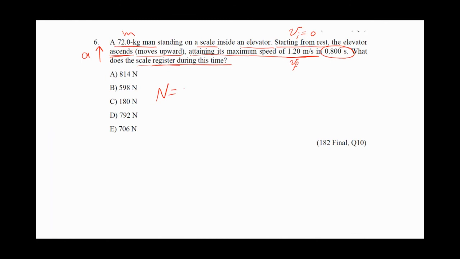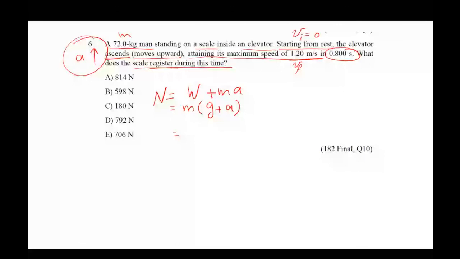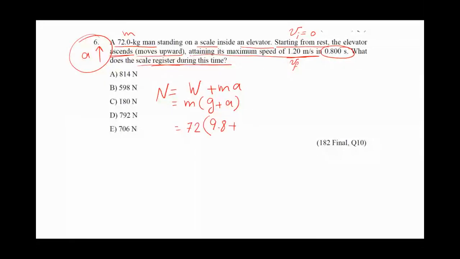If you remember the equation, can you say it? The acceleration is upward, so it's what plus what? The weight plus mass times acceleration, or if you want to say m(g + a), that's fine also. They are the same. I know the mass is 72 kilograms. I know the gravity is 9.8. But what about the acceleration? How to get the acceleration? I know the initial speed, the final speed, and the time.